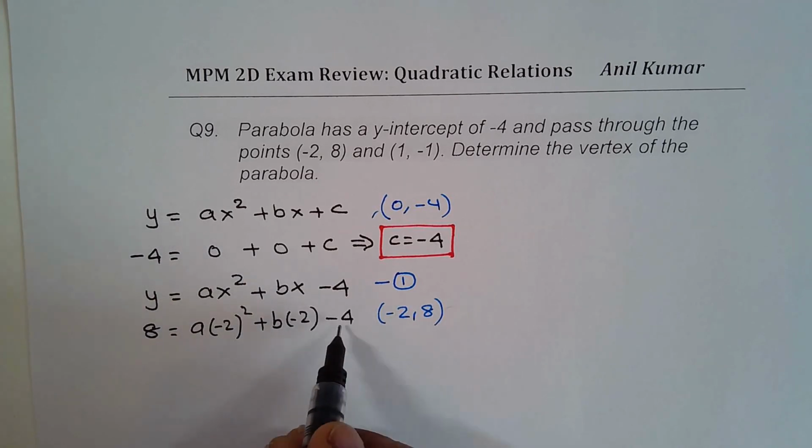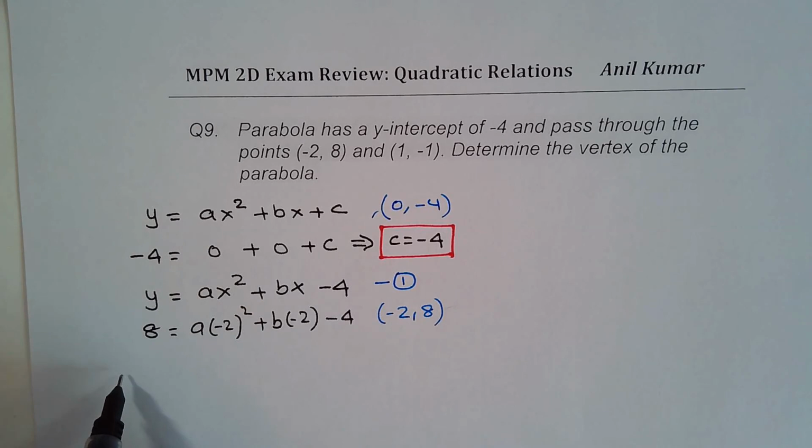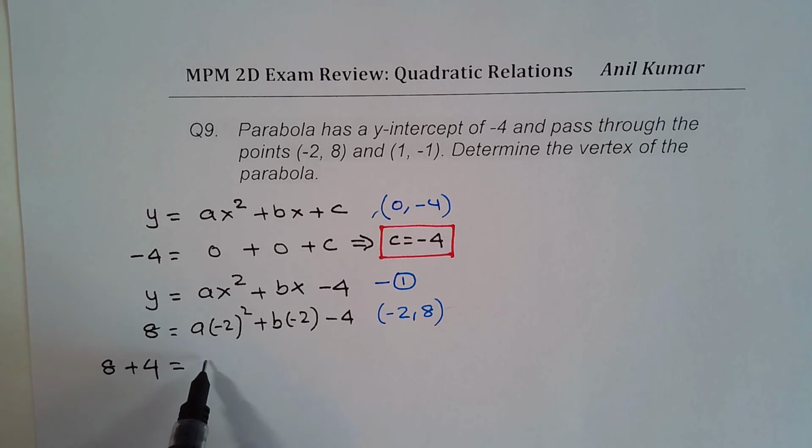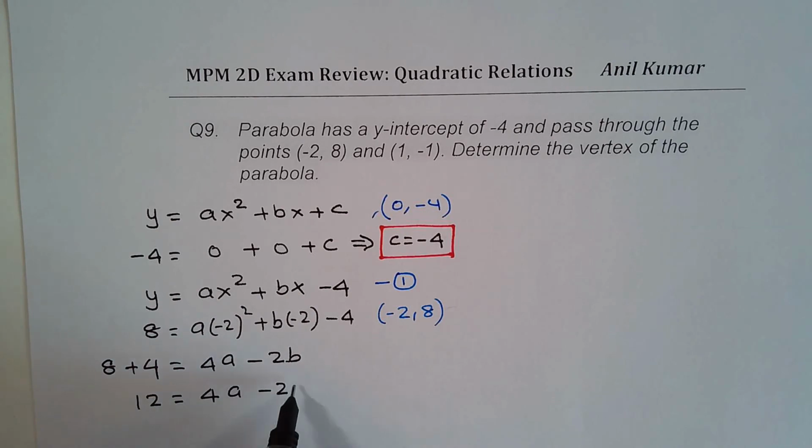Bring minus 4 to the left side, so we get 8 plus 4 equals 4a minus 2b. So it is 12 equals 4a minus 2b. You can divide by 2 and get 6 equals 2a minus b as your equation. We'll call this particular equation our equation number 2.